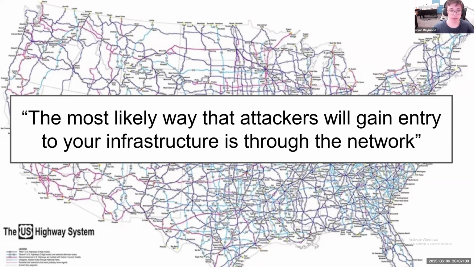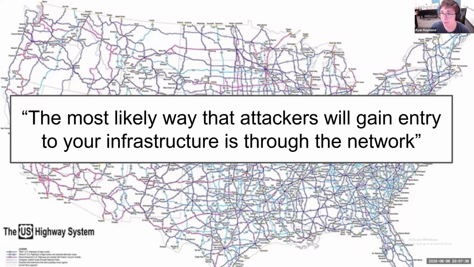The chapter opens with a very clear and, I think, very telling claim. In terms of cybersecurity, there's a lot of focus on things like malware detection or monitoring processes within the computer. But the book makes it clear that the most likely way that attackers will gain entry into our infrastructure is through the network.